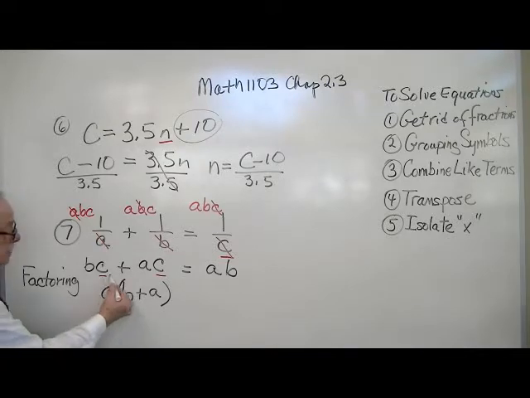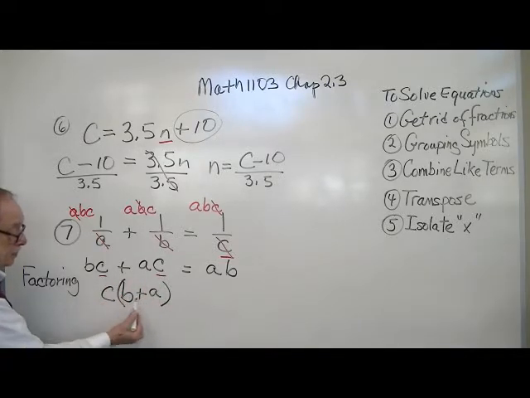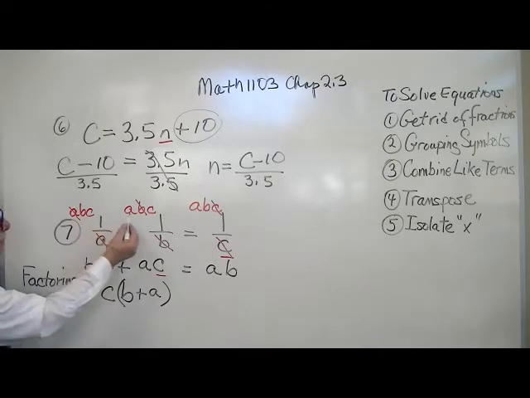So through factoring, we are taking out the letter C from each term. We had gone this way using the distributive principle. Now the opposite or the reverse of it is called factoring. So here we're going to factor out the letter C.